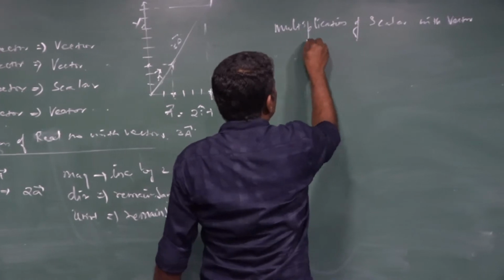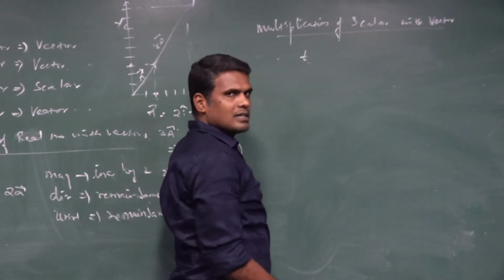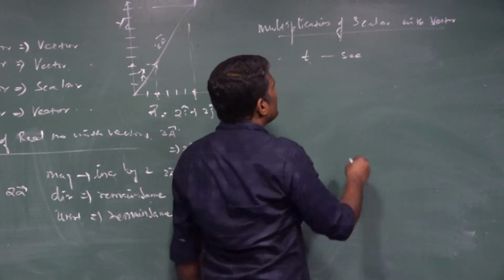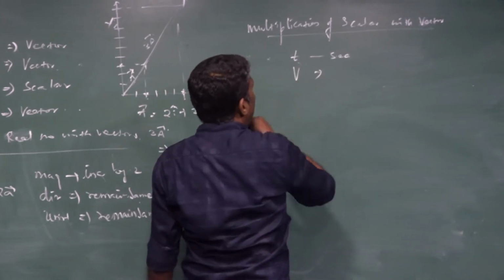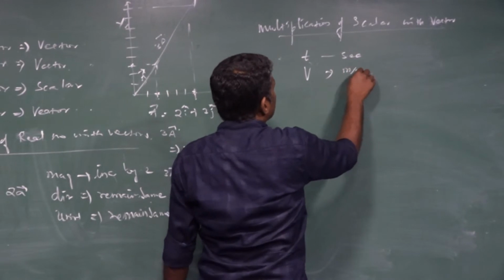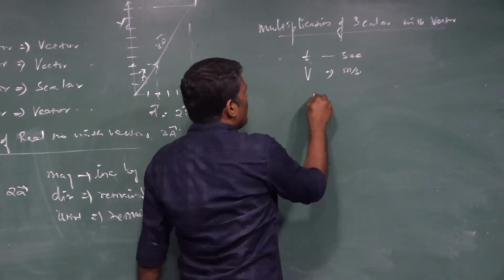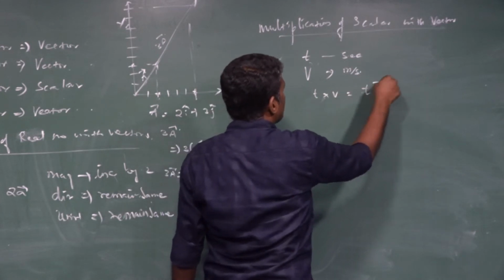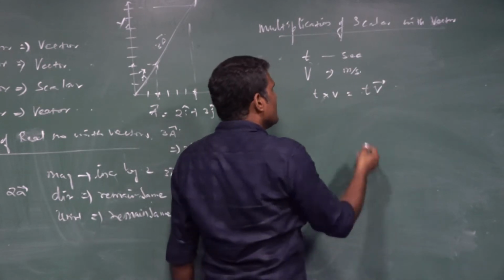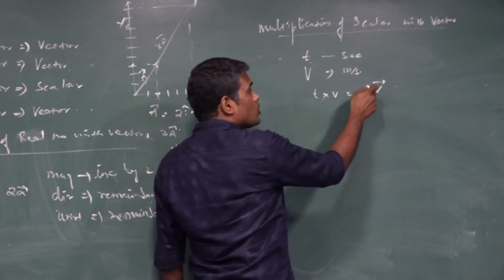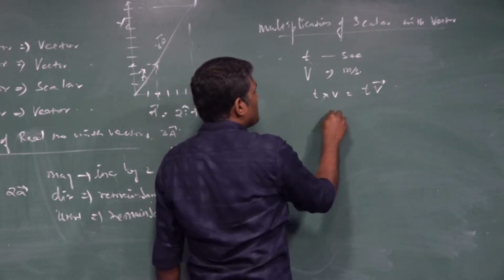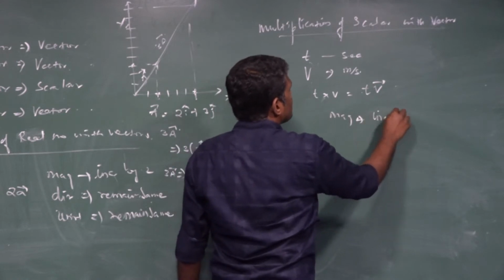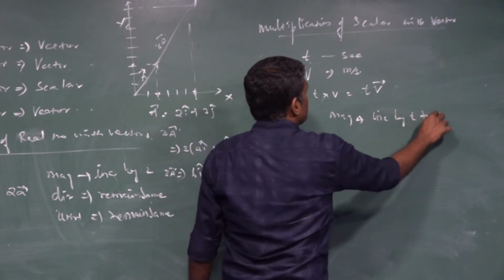Let us consider a scalar quantity, let us say time, which is expressed in seconds, and a vector quantity velocity, which is expressed in meter per second. When this time is multiplied along with the velocity, you will get a tv vector. The magnitude of the vector increases by t times.